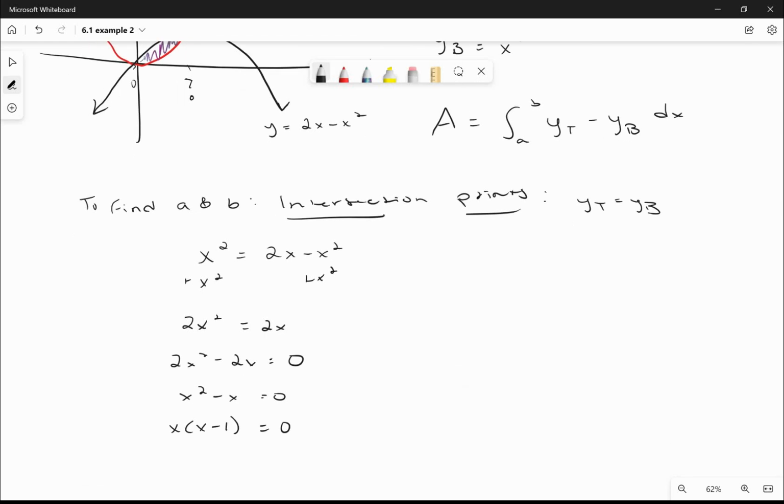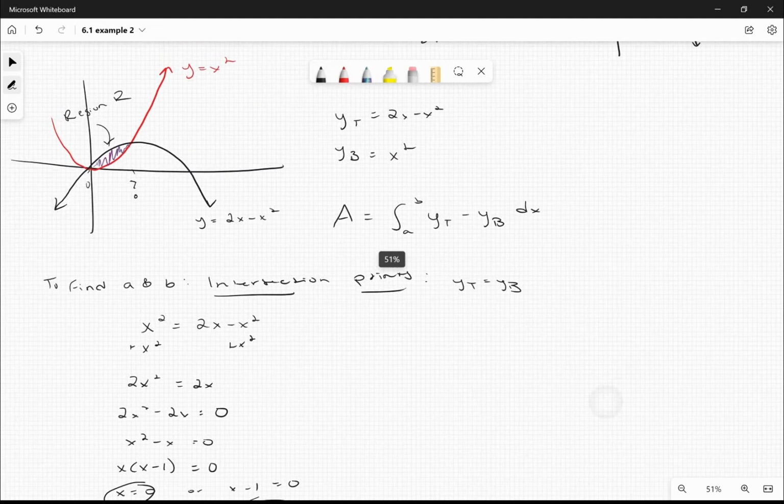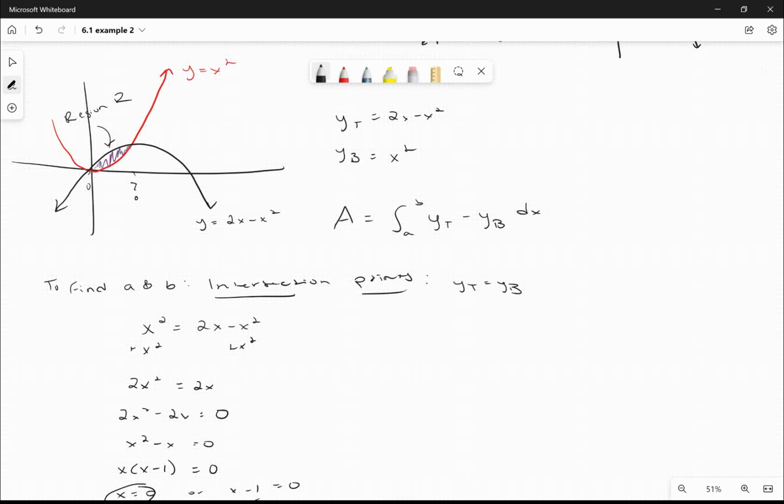Right? And that is true whenever x is equal to 0, right? Or x minus 1 is equal to 0, so x is equal to 1. Right? So these are our intersection points, right? So now we know what our top and bottom function is, and we know the limits of integration are 0 and 1.